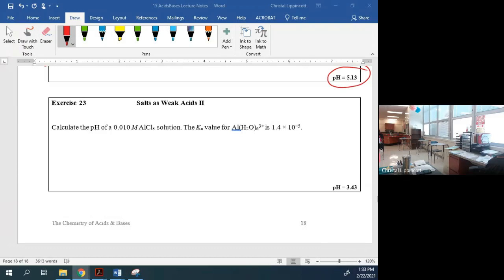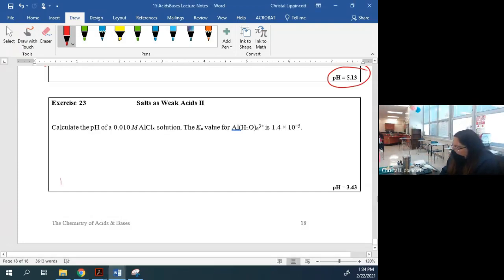Yeah? Why is this a weak acid? Because doesn't it form HCl? Yeah, wouldn't it be? Right. But remember, let's talk about that. So this here is Al3 plus, right?